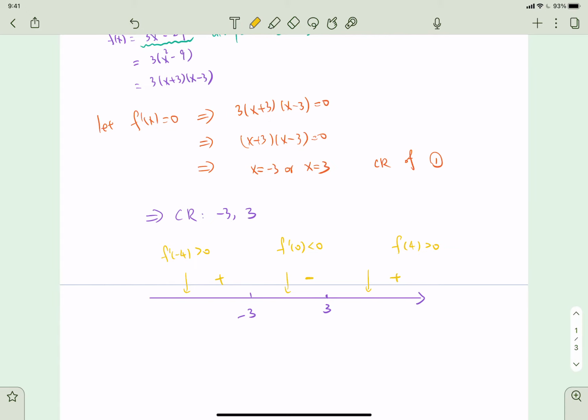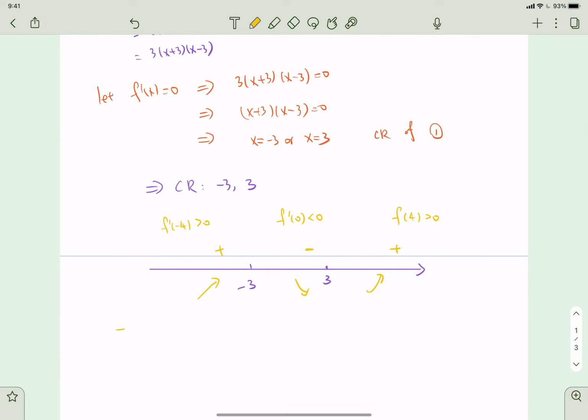So the function is increasing, decreasing, and increasing. So it's increasing on negative infinity to negative 3, and from 3 to positive infinity.